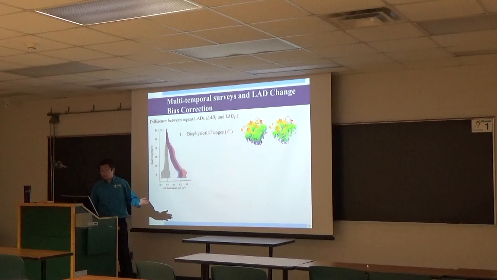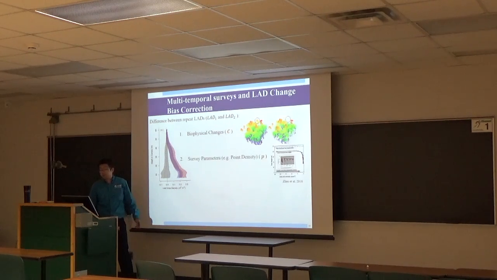In sum, there may be several reasons why the profile is different. The first is real biophysical change, like trees growing or being lost. Also the survey parameters, like the point density, and different laser systems may have an effect on the profile.